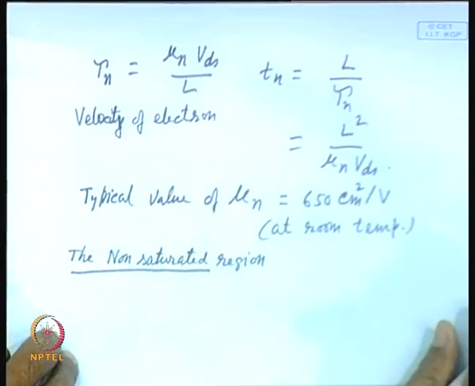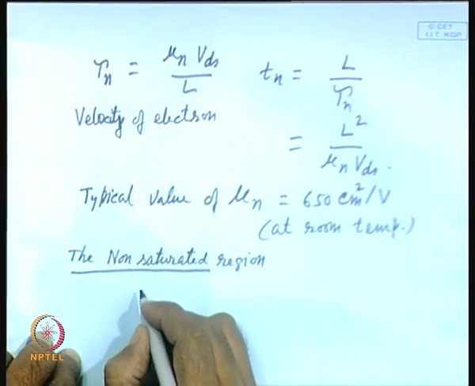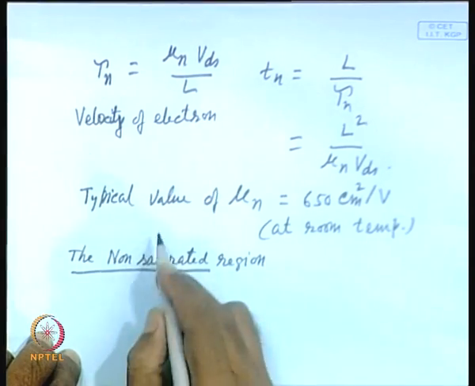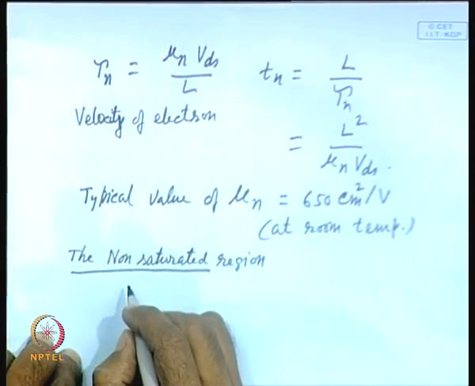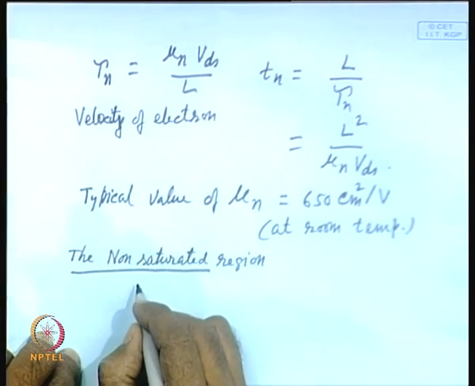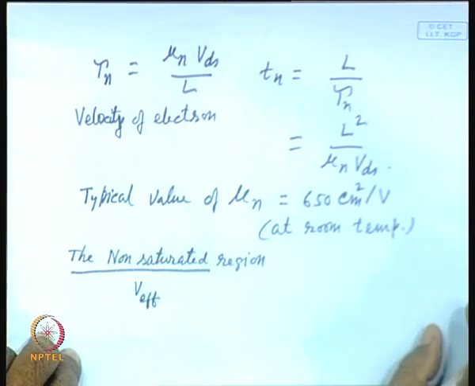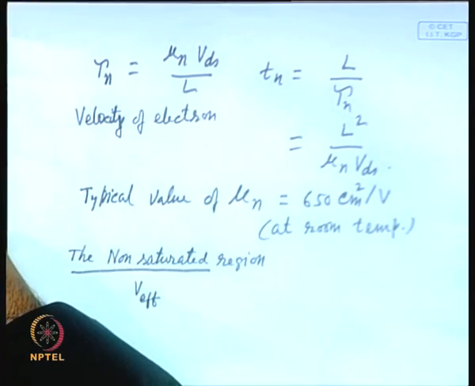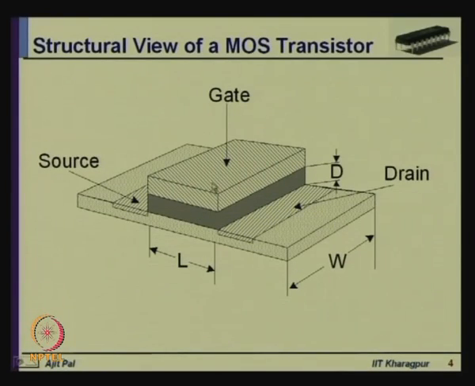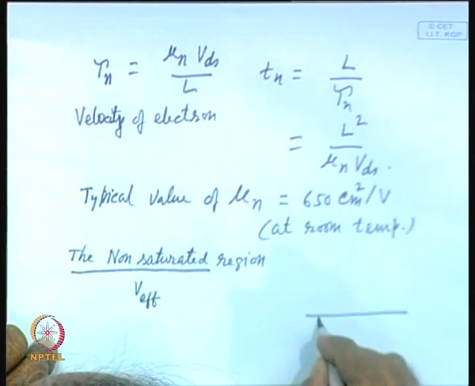In this region, we can find out the current. First of all, let us find out the effective voltage that is being applied between the source and drain. Let me draw the diagram here, that will make it easier to understand.